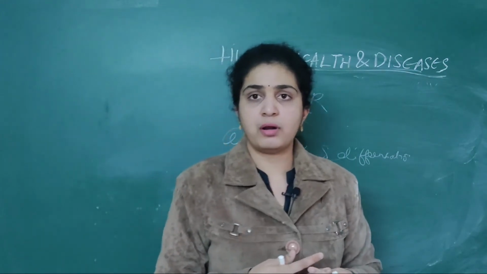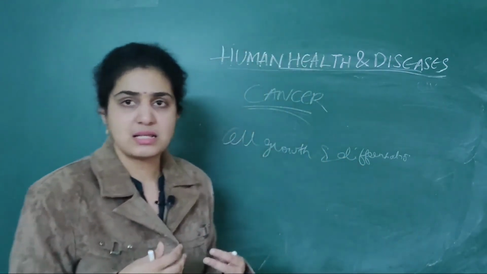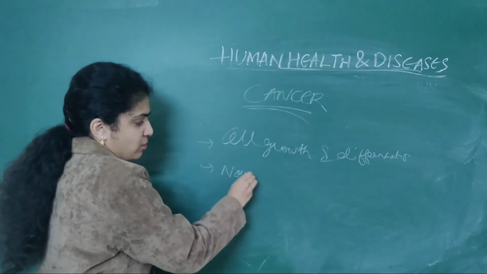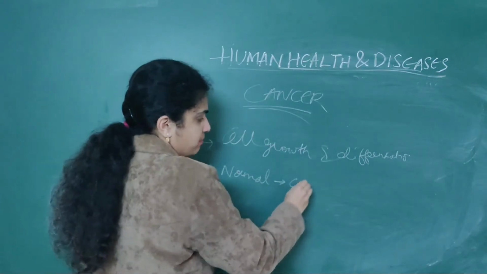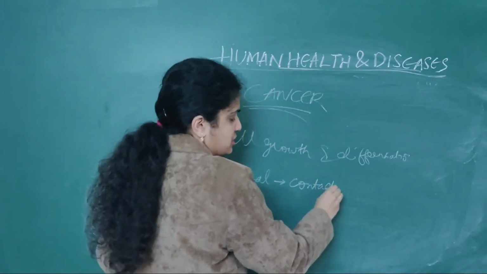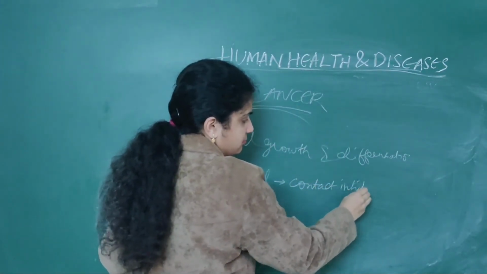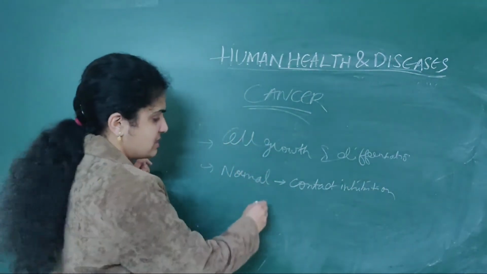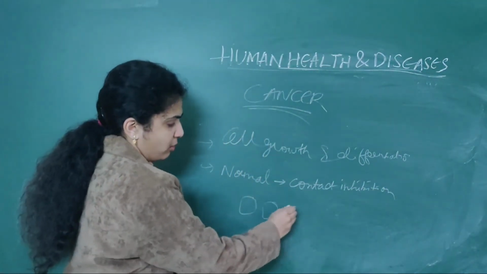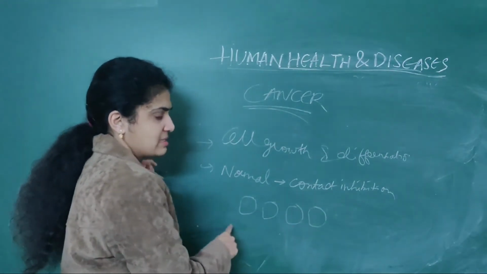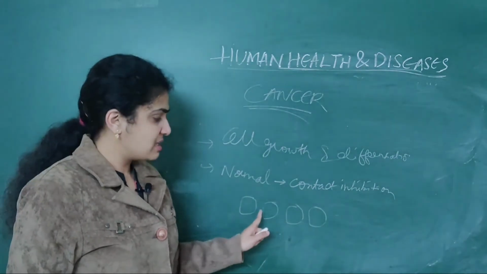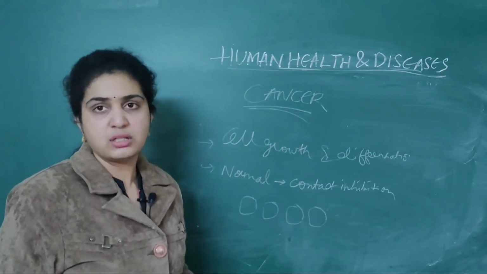Numerous cells are formed. Normal cells in our body show a property that is called contact inhibition. Contact inhibition means, suppose these are the cells in our human body, they will not contact each other.